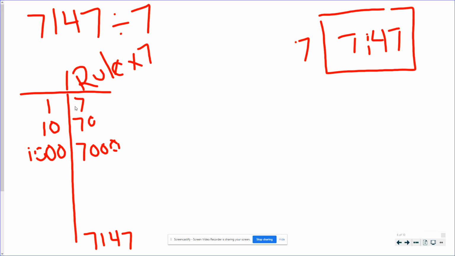I'm looking back up here. If I double the 10, that means that I can double the 70. If I double the 10, I get 20. If I double the 70, I get 140. Now I'm getting really close. If I add these two numbers here, I would be at 7,140.